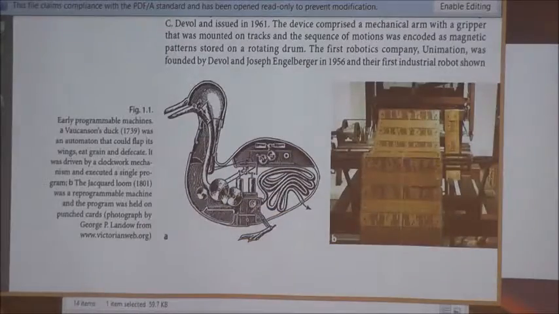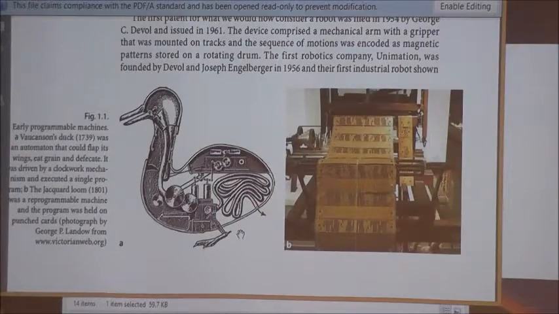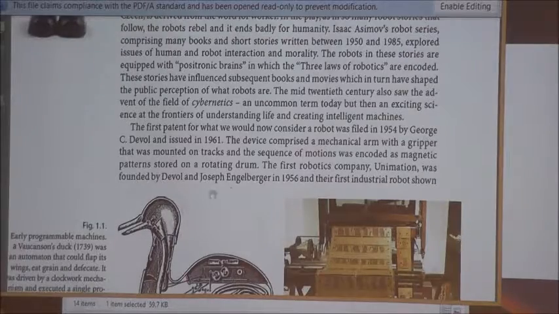Okay, it goes to the history of the robot, and you remember that George Devol and Joseph Engelberger in 1956 started the first robotic company, and they were both together back in '54.